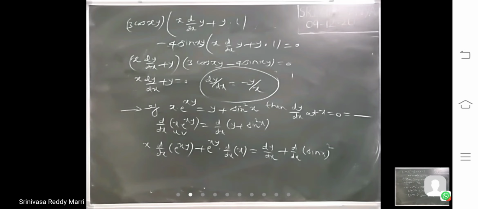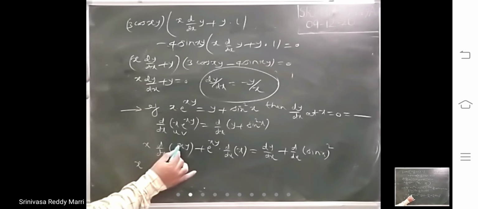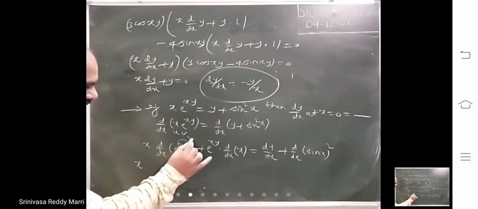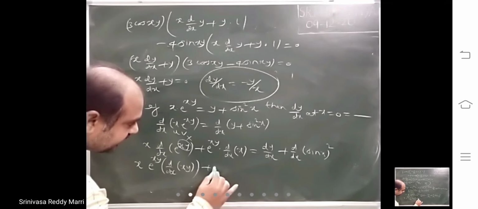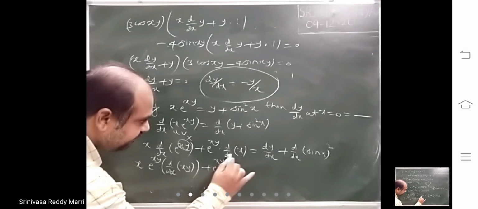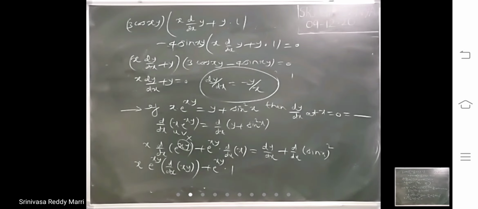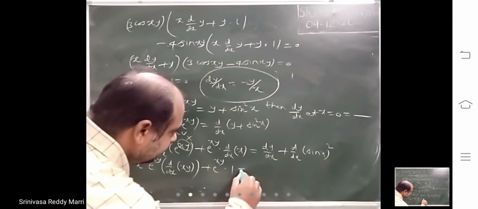Now look at it. X into, now e power X rule you know. This is capital X. E power capital X is what? E power xy into d by dx of xy, plus e power xy into d by dx of x, which is 1.